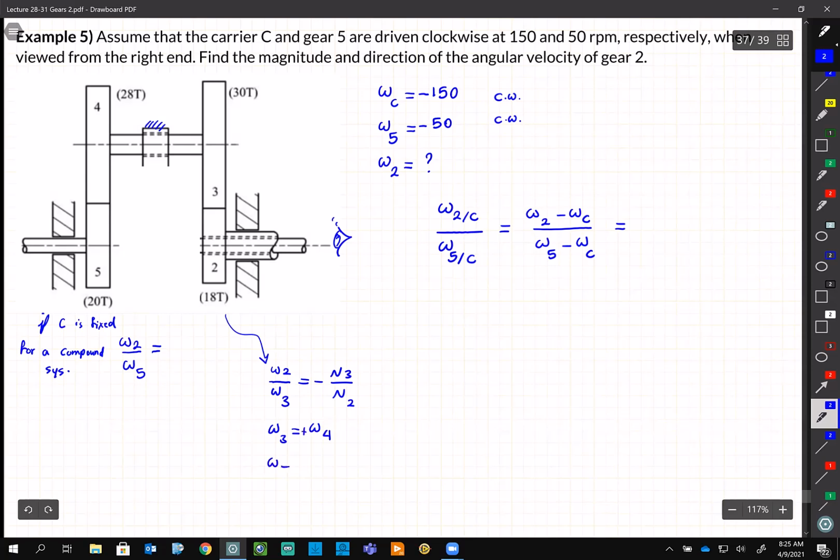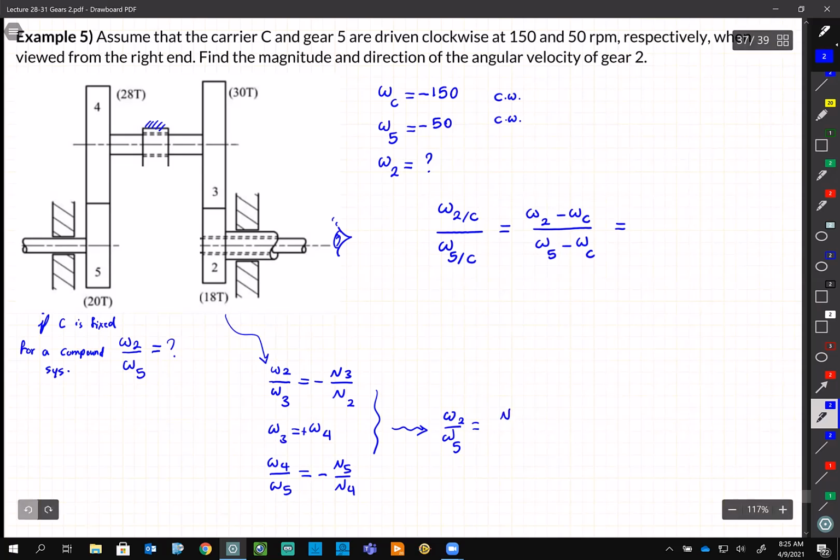And then 4 transfers its motion to 5, change in direction, and 5 and 4. And then you multiply all of these together and do the math.